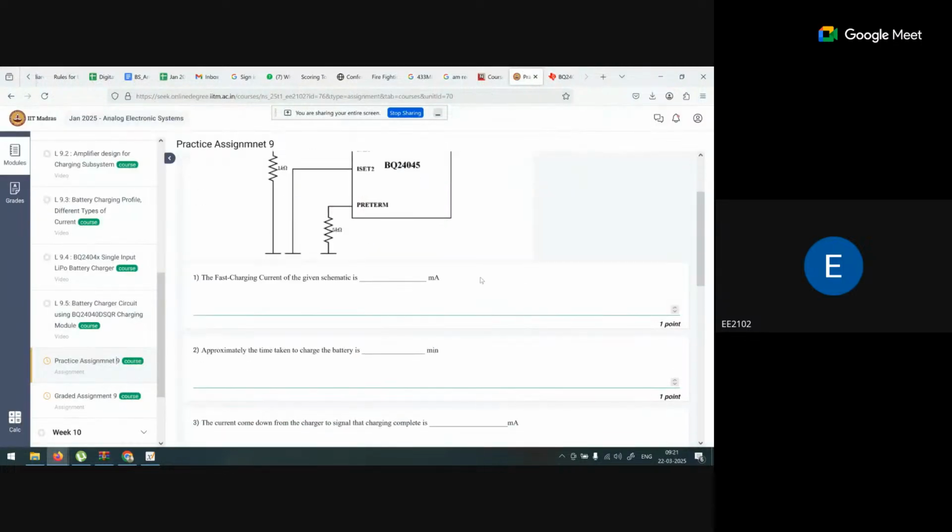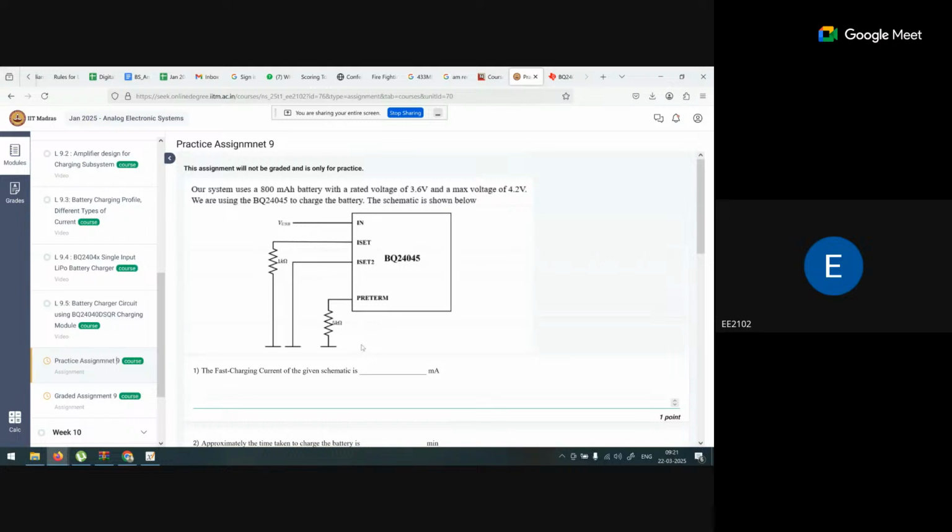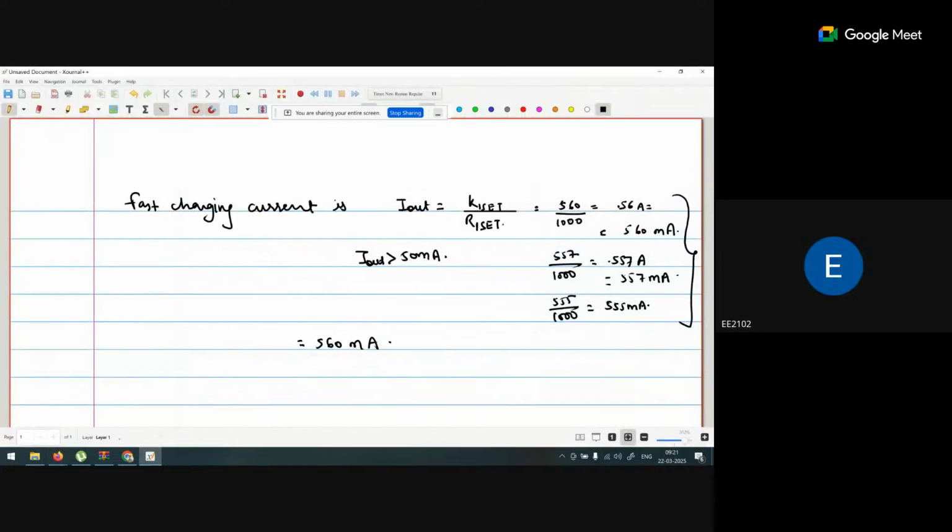Now, the approximate time taken to charge the battery. If the fast charging current is 560 and the total battery rating is 800 milliampere hour, question 2 is time.